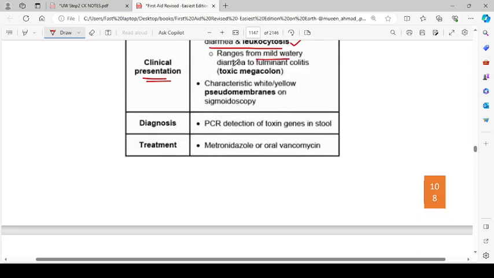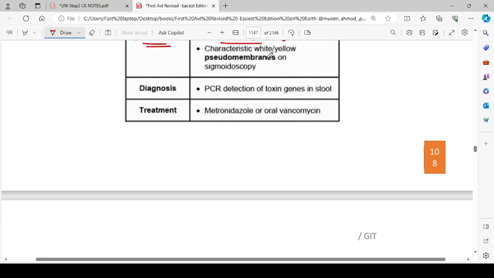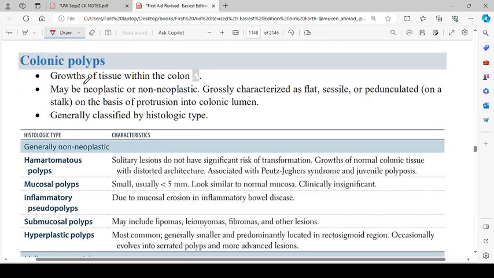It ranges from mild watery diarrhea to fulminant colitis, that is, toxic megacolon. Characteristic white-yellow pseudomembranes will be seen on sigmoidoscopy. The diagnosis is done with PCR detection of the toxin gene in the stool, and treatment is metronidazole or oral vancomycin.